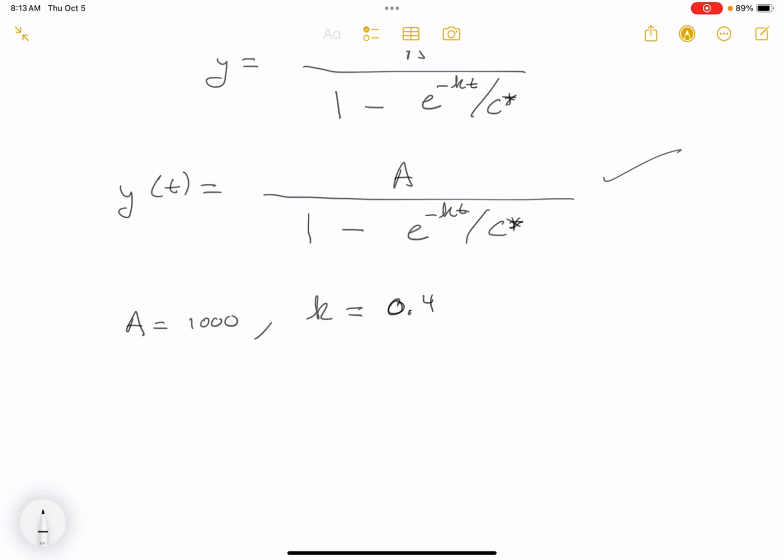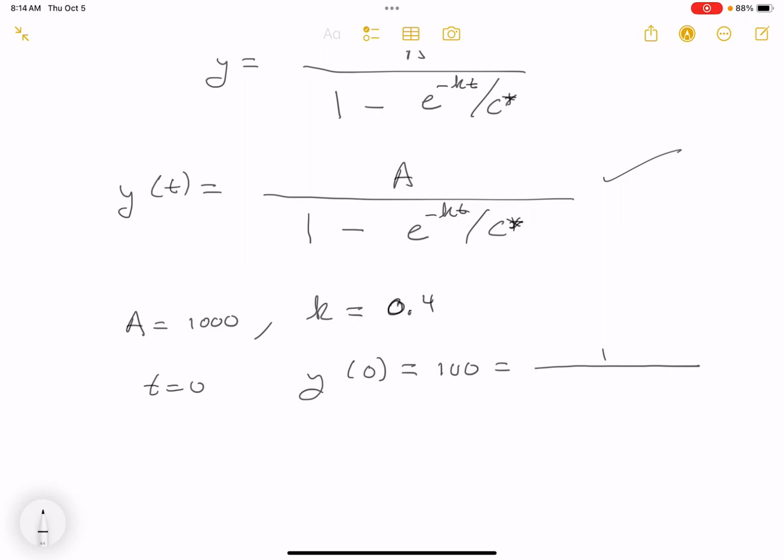Okay? Then it says find the deer population if the initial population, which means T equals 0. So I'm going to write this over here. So Y at 0, where they tell me, is 100. I'll see what the question is in a moment. What's A?